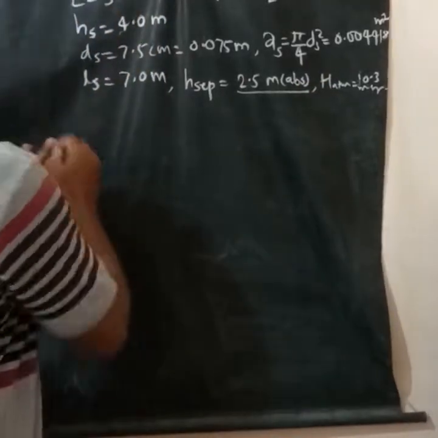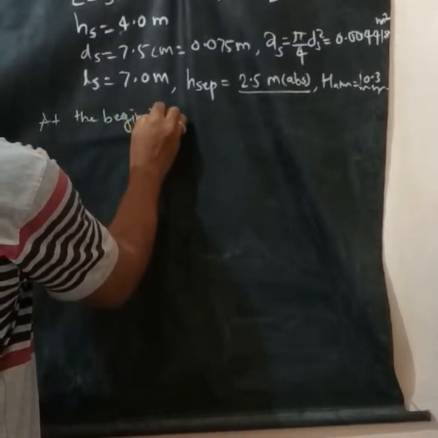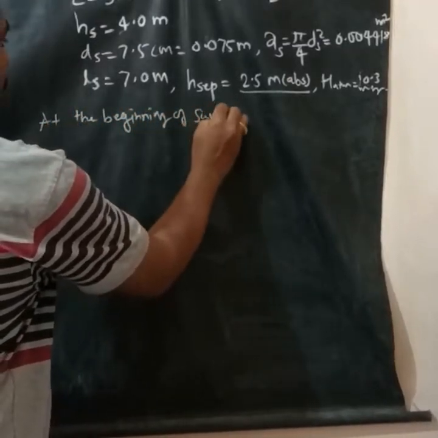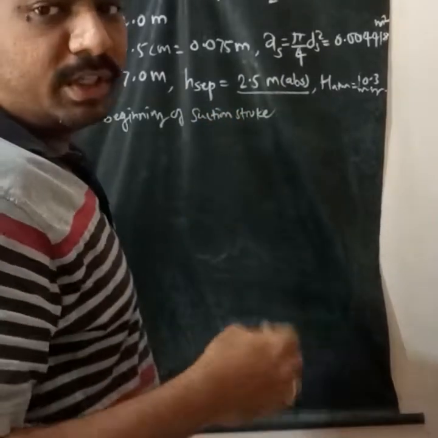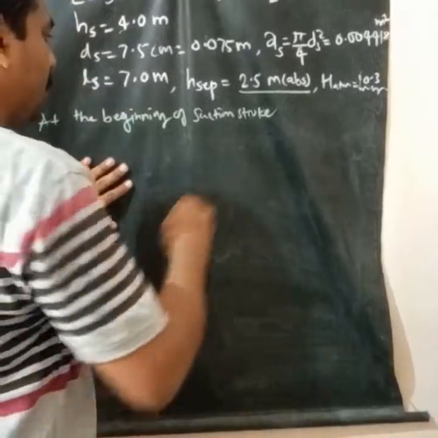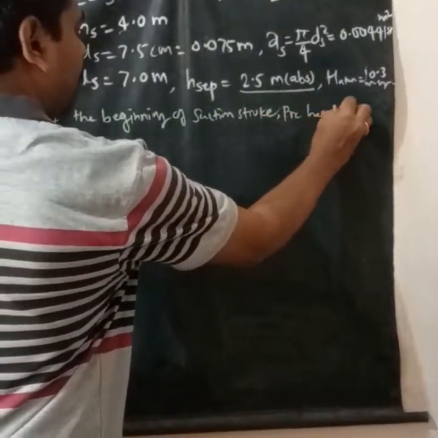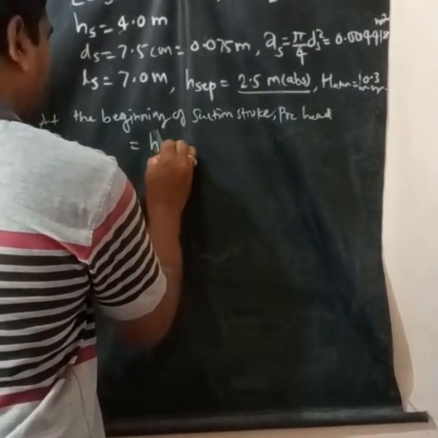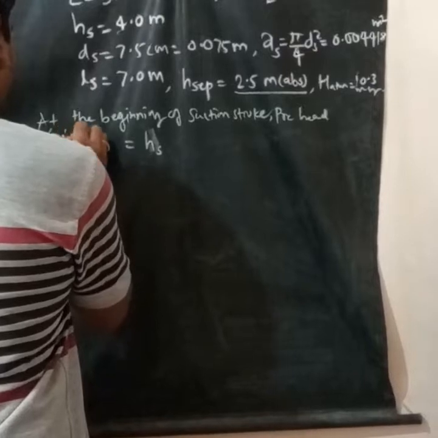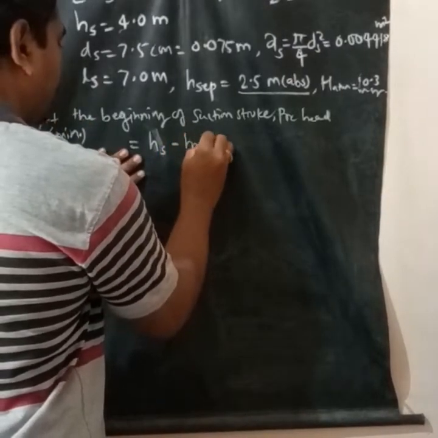So at the beginning of the suction stroke, it happens at the beginning of suction stroke only. The pressure head will be representing the HS, which is a minimum. So the minimum value of this pressure will be HS minus HAS.